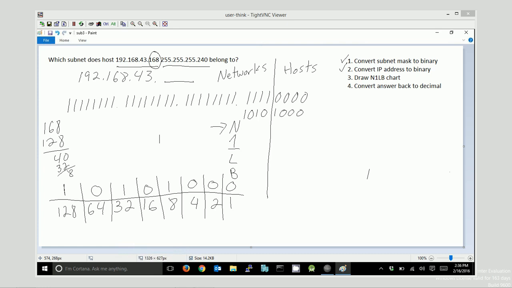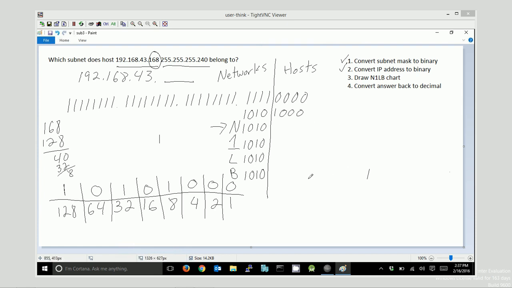Something we know about the network side of an IP address is it never changes. From the first host to the last host, from the network ID to the broadcast, the network side never changes. So I'm just going to bring this down, this 1010. If you understand this concept of bookends, you'll see that the network ID and the broadcast are the two bookends for my network.